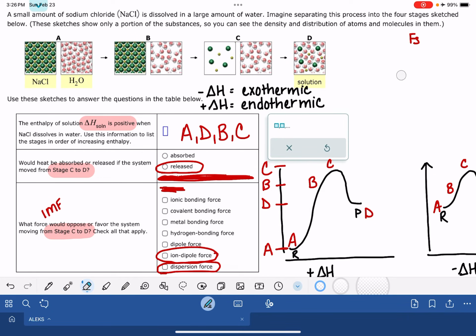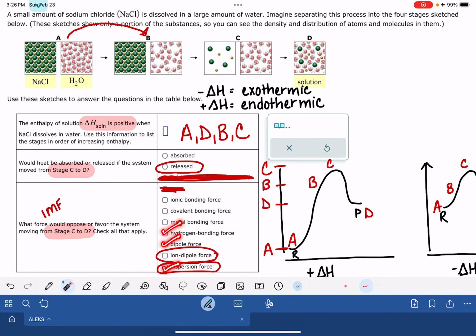If I had been asked about what IMFs are present as I go from stage A to stage B, I would notice that what's going on there is that my water molecules are separating from each other. And then I would have to ask myself, what IMFs are being affected when the water molecules separate? What IMFs are present between water molecules? In that case, I would answer hydrogen bonding, dipole, and dispersion.